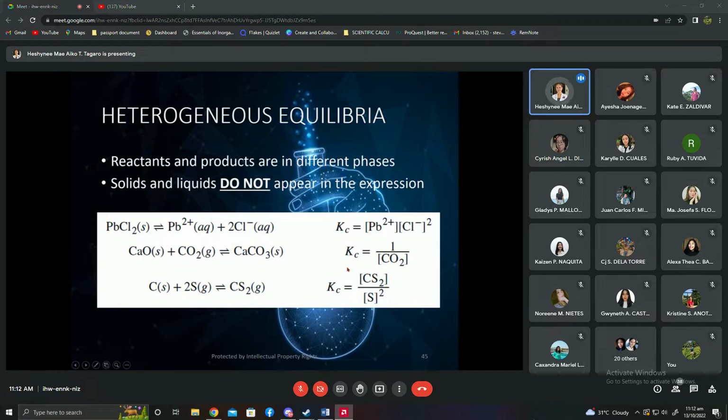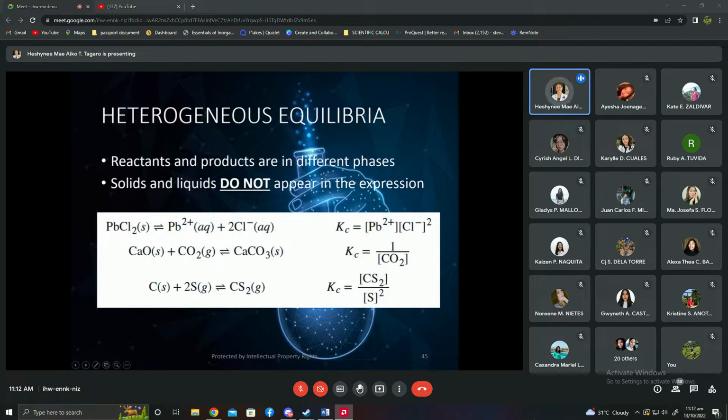No? So here we have the chemical equation, opposite it, the Kc expression for the reaction. So as you can see, wala ginadala ang inyong solid substances. Alright?